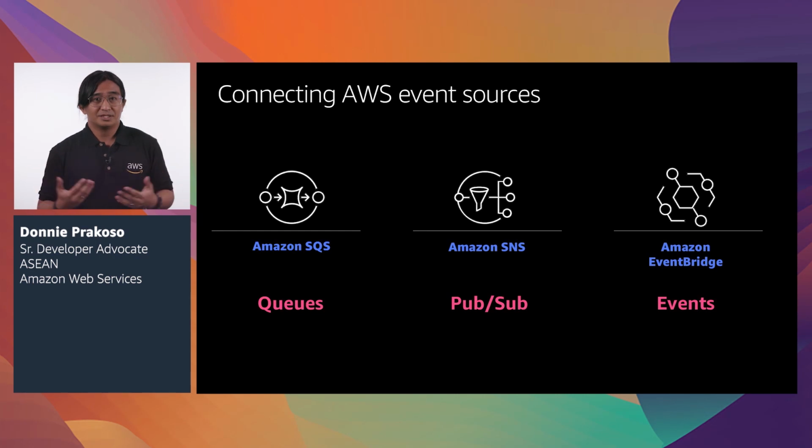Now, there are two main types of routers used in event-driven architecture. They are Event Bus and Event Topic. You can use Amazon EventBridge to build an Event Bus, and you can use Amazon Simple Notification Service, or SNS, to build an Event Topic. And you can integrate Amazon SNS and Amazon SQS to build a powerful PubSub system.